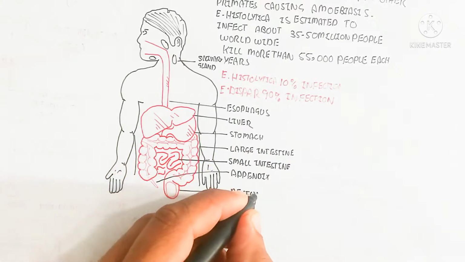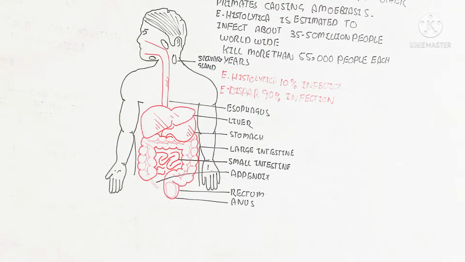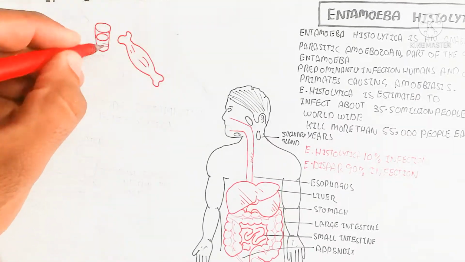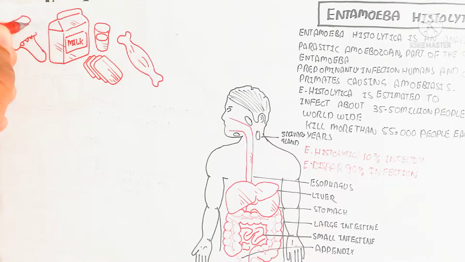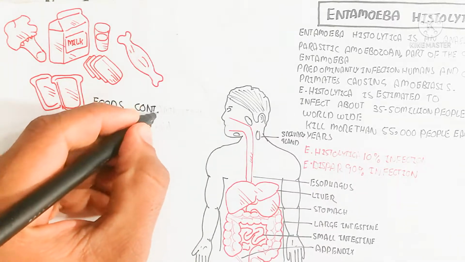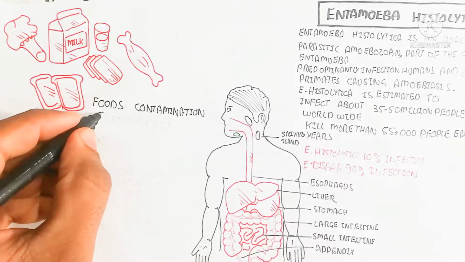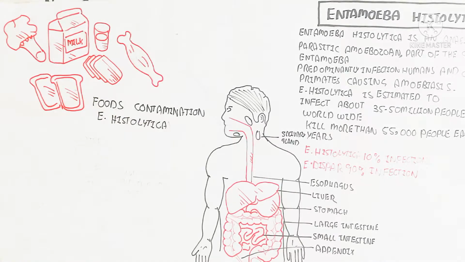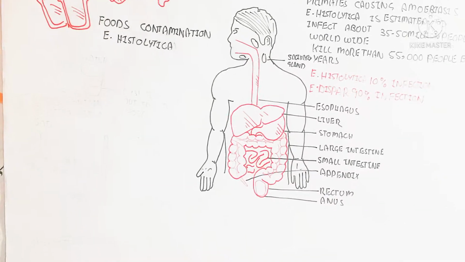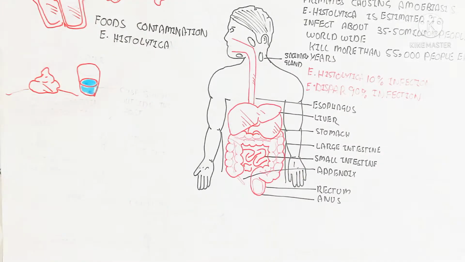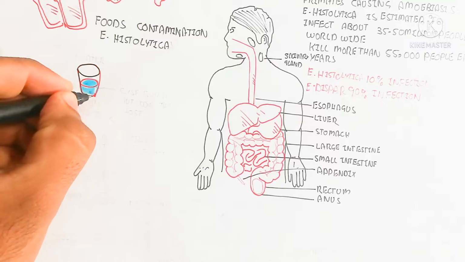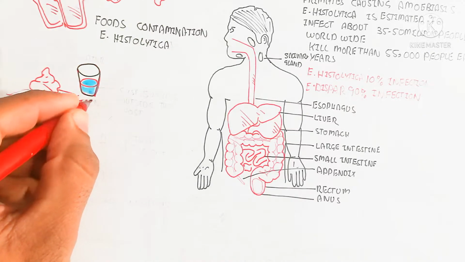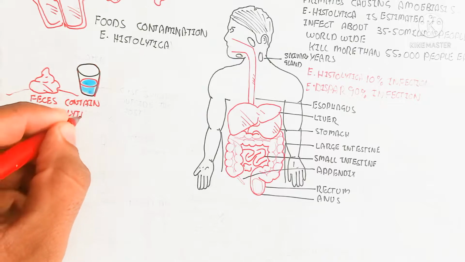Food contamination with Entamoeba histolytica is the major cause of infection. So clean food is very important for prevention. Different foods can be contaminated with Entamoeba histolytica, which is present in feces and soil and survives only about a month.